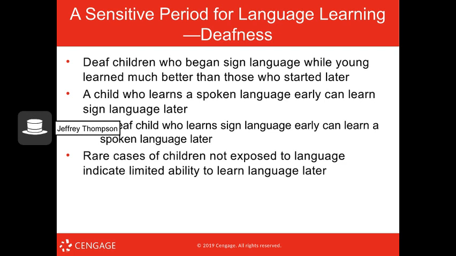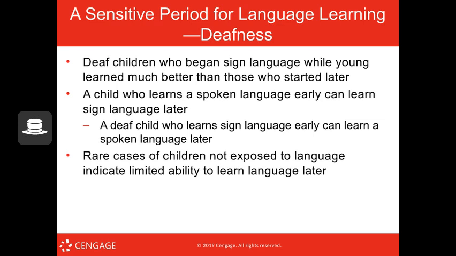Interesting to look at is also deafness and sign language, because sign language, even though it doesn't use the voice, uses the hand, and it's still very expressive. Deaf children who began sign language while young learn better than those who started later, which gives more support to the idea of a sensitive period.